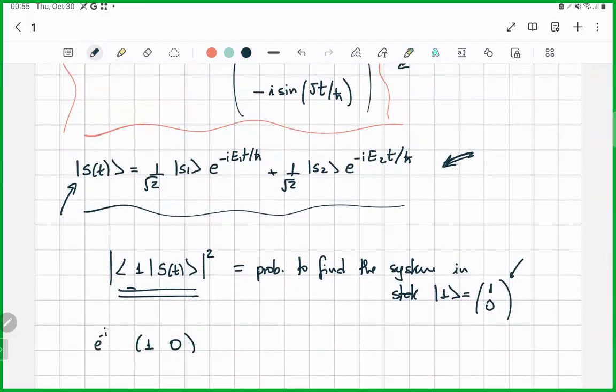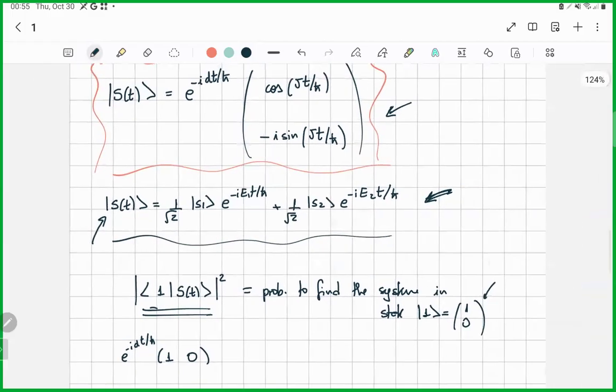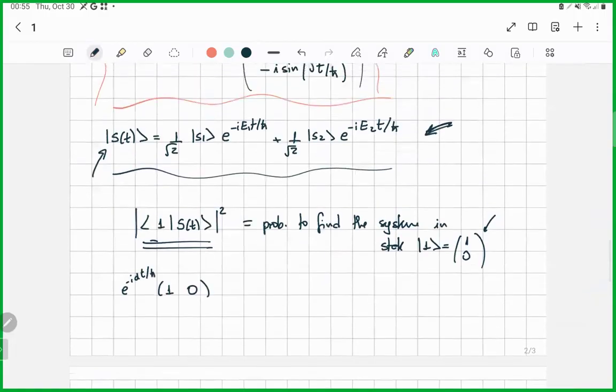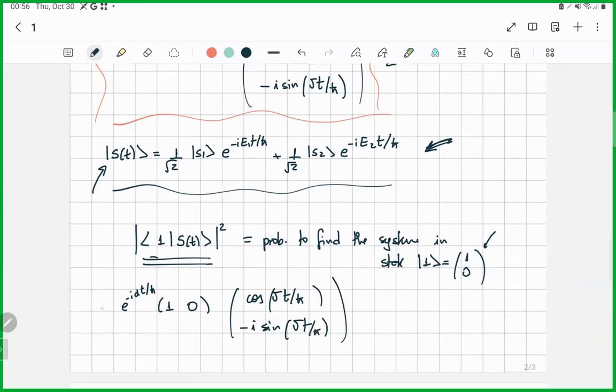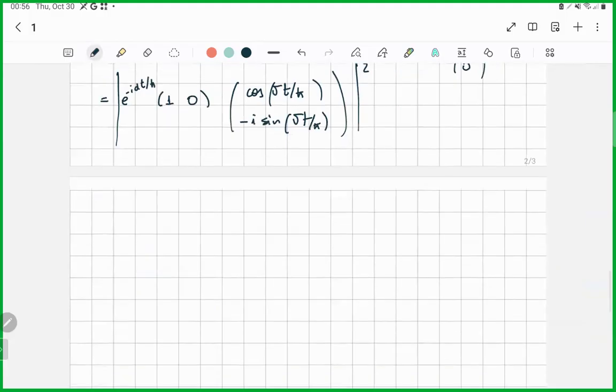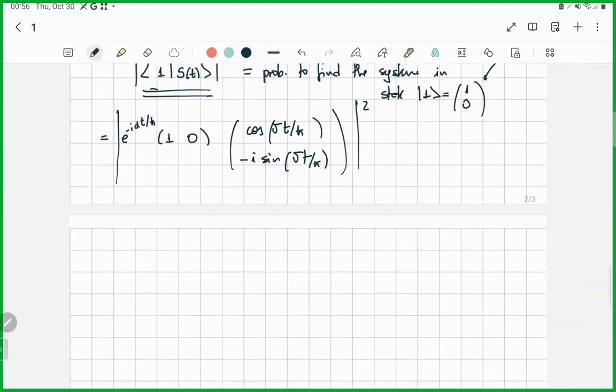We have e to the minus i d t over h bar. Then we have the cosine of jt over h bar, and the minus i sine of jt over h bar. So this is our probability. If we do this absolute value square, we can compute that. Again, the absolute value square of this factor is just 1.